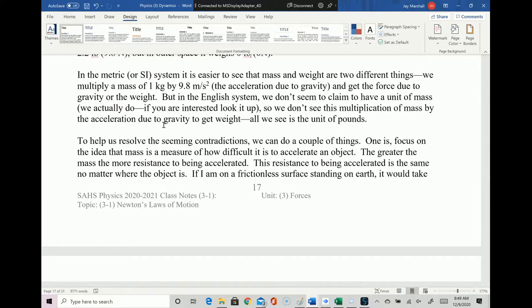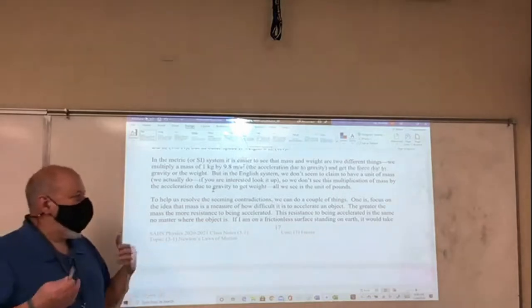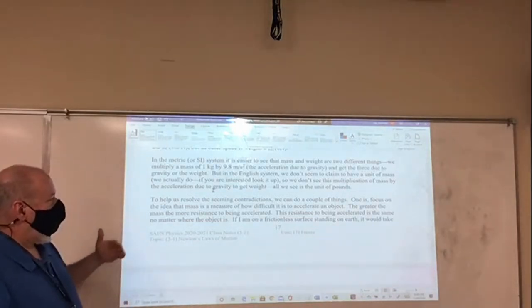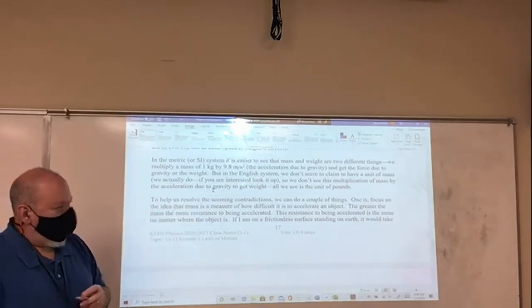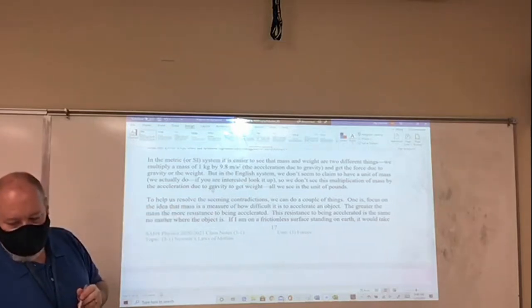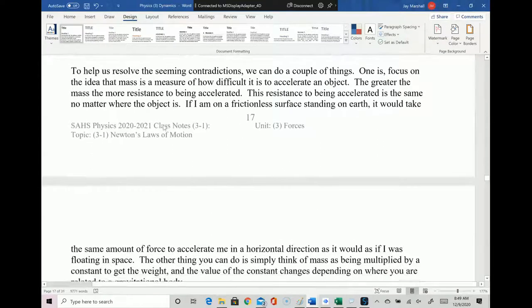So we don't see this multiplication of mass by the acceleration due to gravity to get the weight. All we see is the unit of pounds. So if all I've ever known is a unit of pounds, it makes sense that I'm not used to converting mass to force or mass to weight by multiplying by the acceleration due to gravity. To help us resolve this seeming contradiction, we can do a couple of things.